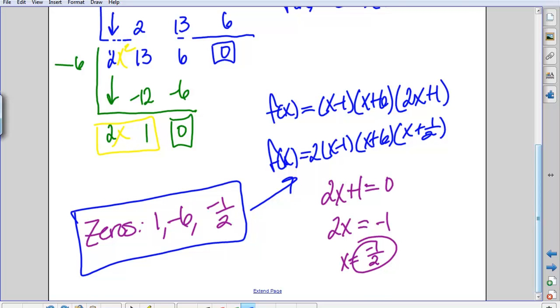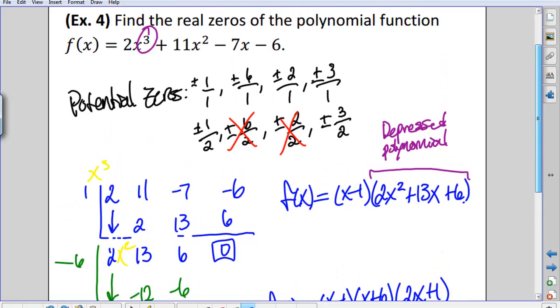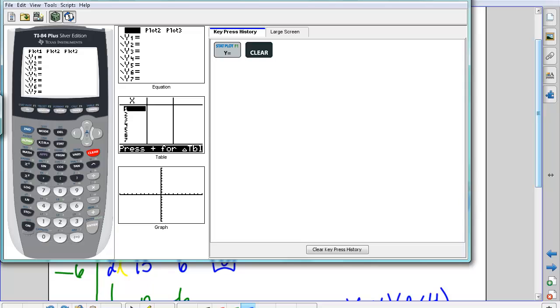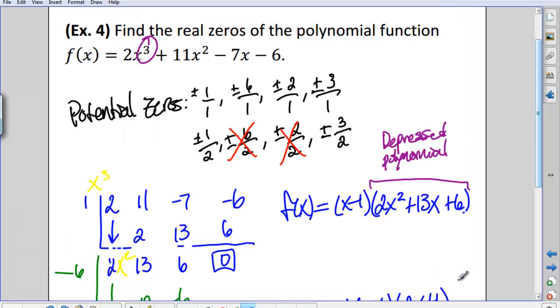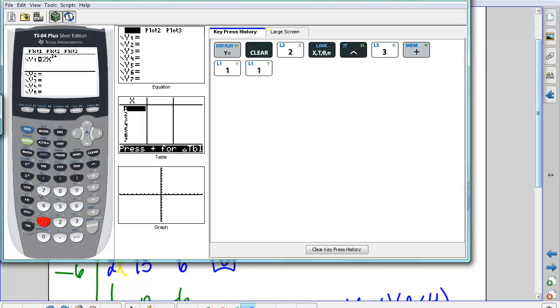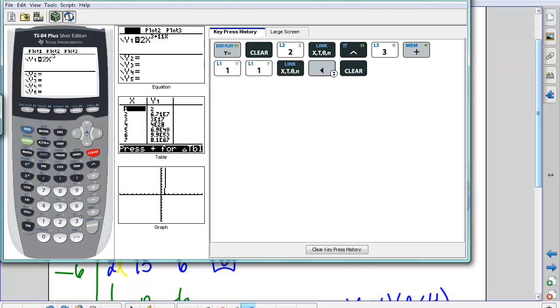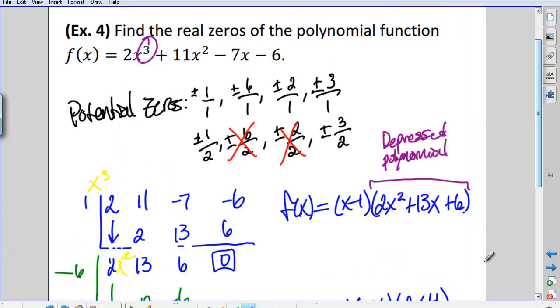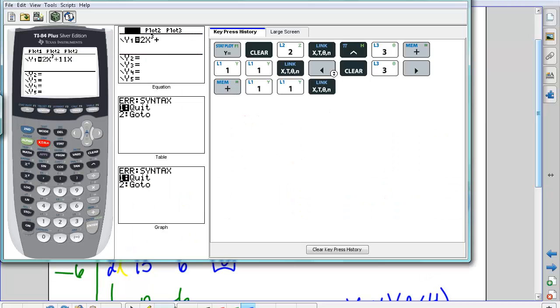So you could actually save yourself a lot of trial and error, a lot of guesswork, because we do have graphing calculators. If I graph this, 2x cubed plus 11x minus 7x minus 6.